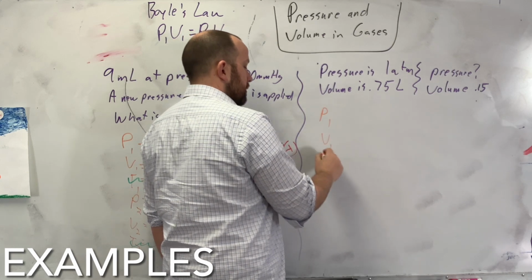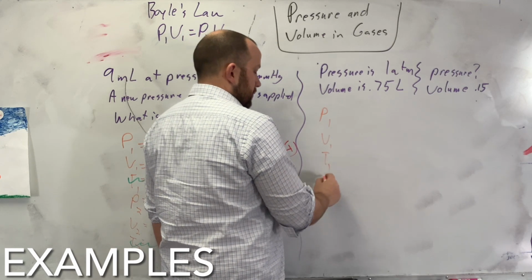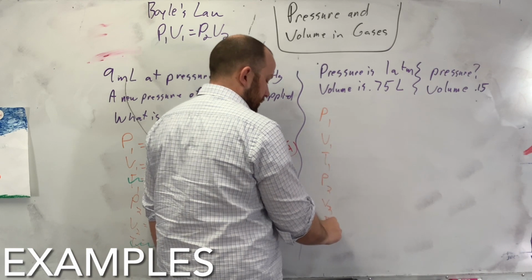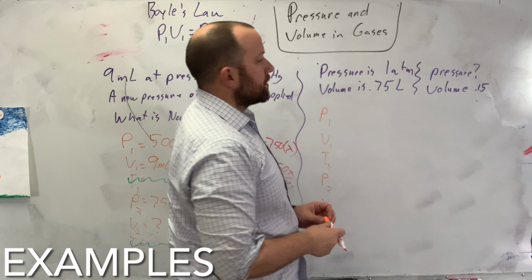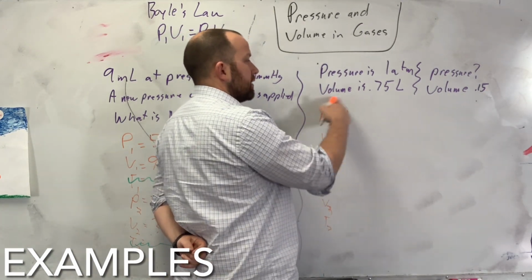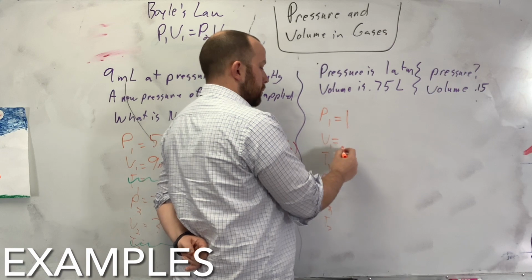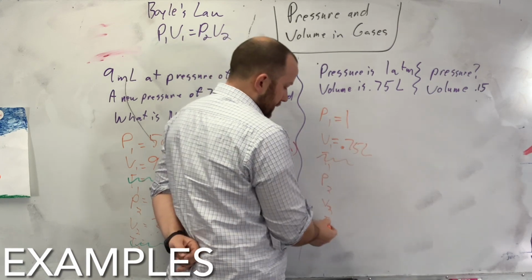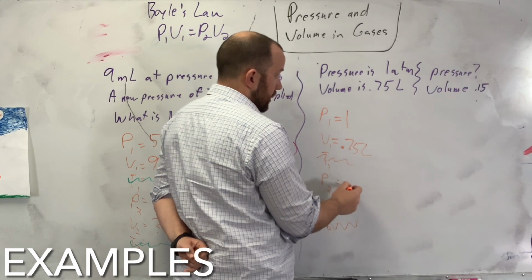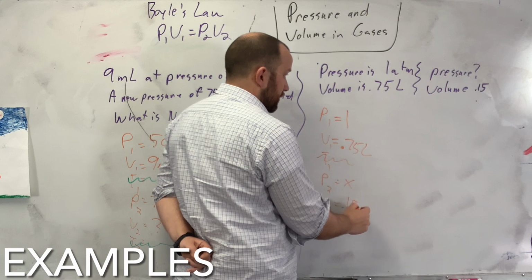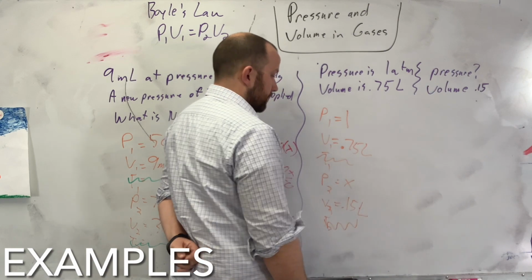P1, V1, T1, then P2, V2, T2. I have a pressure of 1 atmosphere, call this 1, at a volume of 0.75. Now I know there's not going to be a T because that's everything I needed. And what's my new pressure at a volume of 0.15 liters?